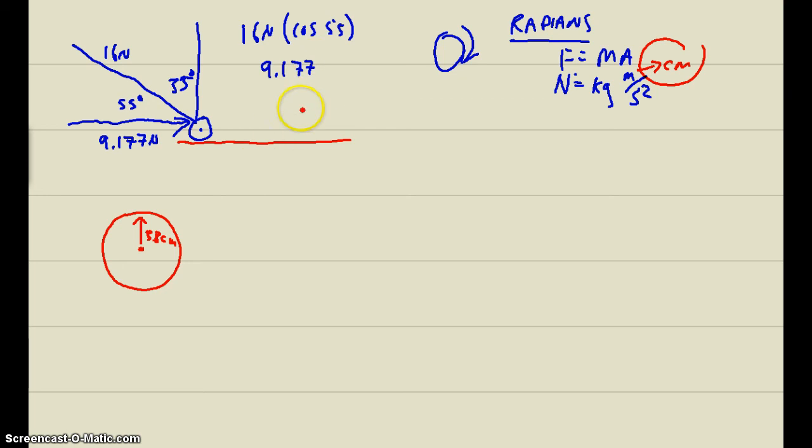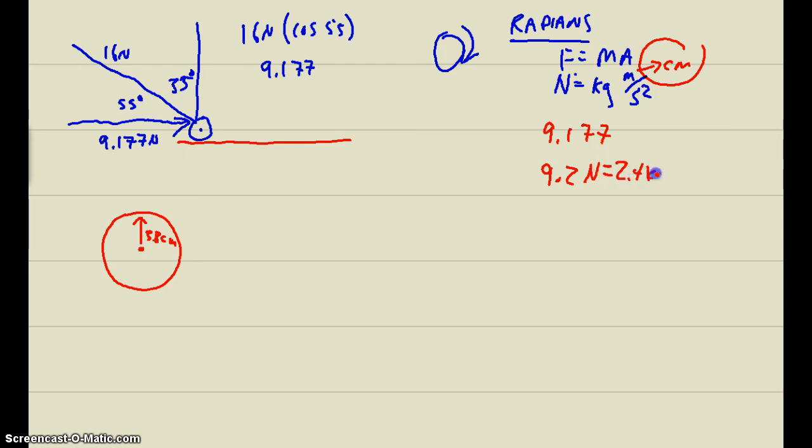To do that, let's look at this force then. It's 9.177, and really we can only use two significant figures here, so this is 9.2. You with me? 9.2 newtons, and our mass we know is 2.4 kilograms, right?